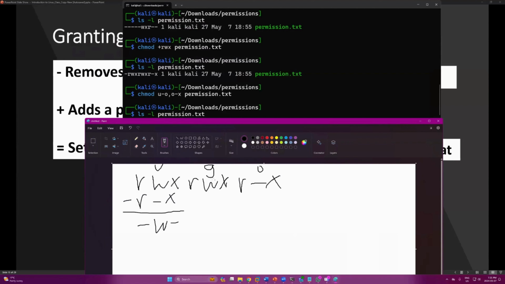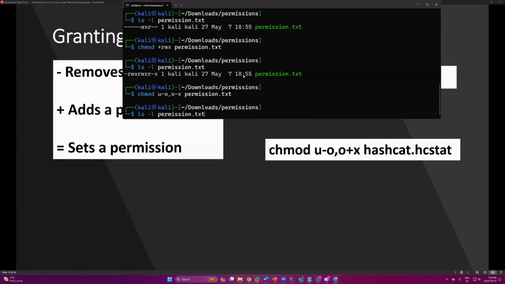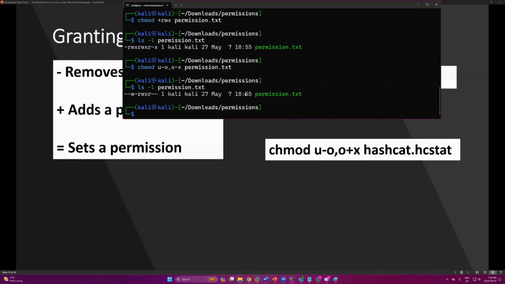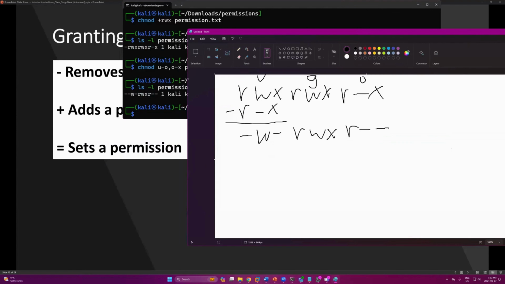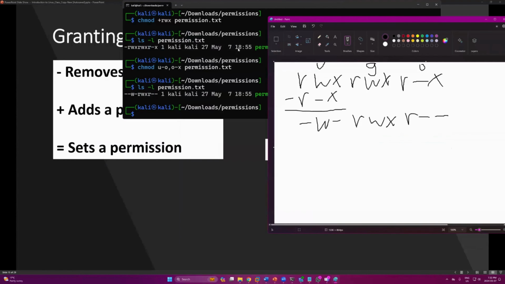And then G doesn't change, so it's gonna be RWX. And then we have O, which is O minus X, so it's gonna be R hash hash. Right, so that's probably gonna be the outcome. And then if I compare it, you can see it's hash hash hash, RWX, and then R hash hash, just like I drew over here.